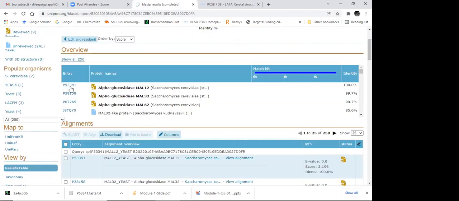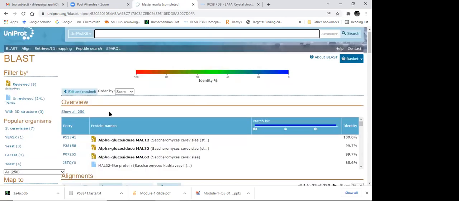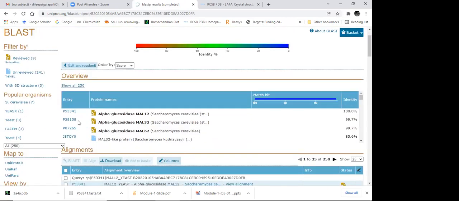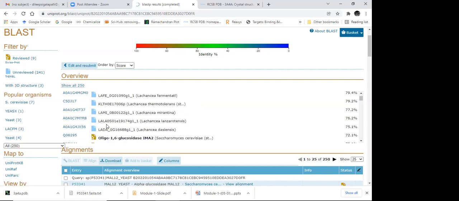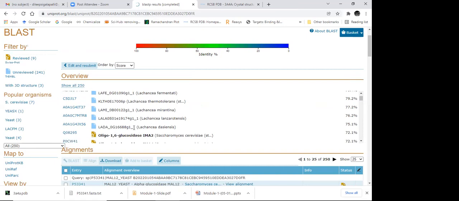There is P53341, that is the target which we want to work on, and there are other targets also. But before going for the final studies, we need to evaluate the best PDB IDs. I have evaluated most of the PDB IDs from the resembling PDB structures, but I got the best results for this one, IMA1.